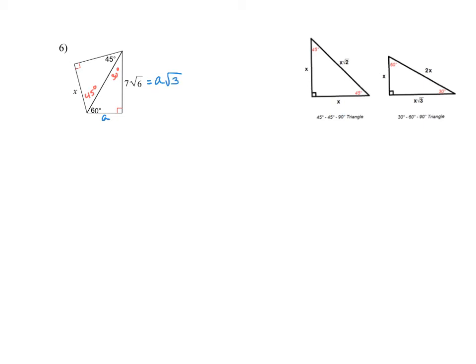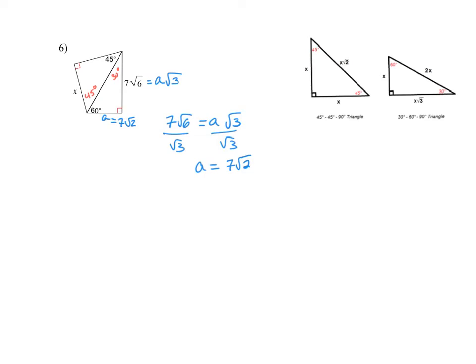So 7 square root of 6 equals A times the square root of 3. I'm going to divide by the square root of 3. So A equals, now I can divide the 6 and 3 because both are inside a square root, 7 square root of 2. So this is 7 square root of 2.